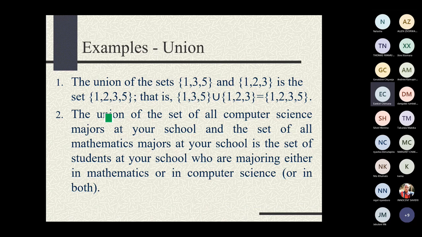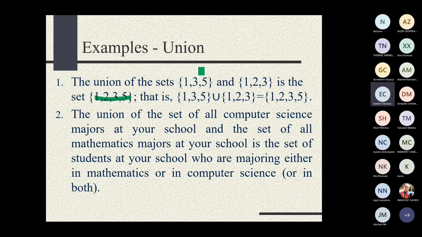There's an example here of a union. The union of the sets {1, 3, 5} and {1, 2, 3} is the set {1, 2, 3, 5}. This is the union of this set and this. And take note that this 3 is repeating, but we only write it once here. So that is {1, 3, 5} union {1, 2, 3}, you have {1, 2, 3, 5}.